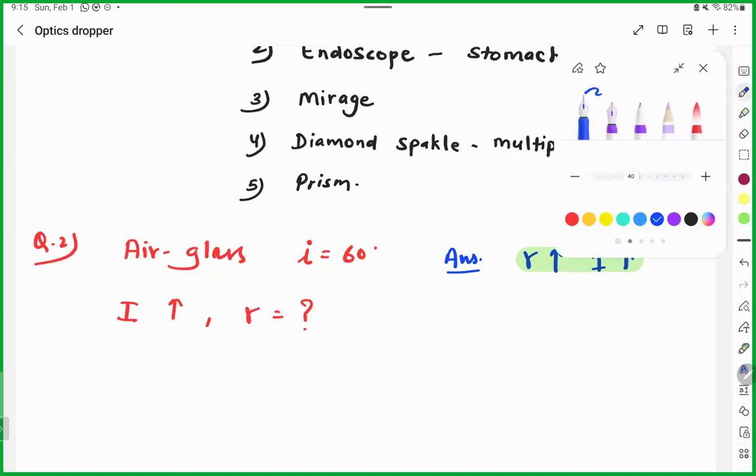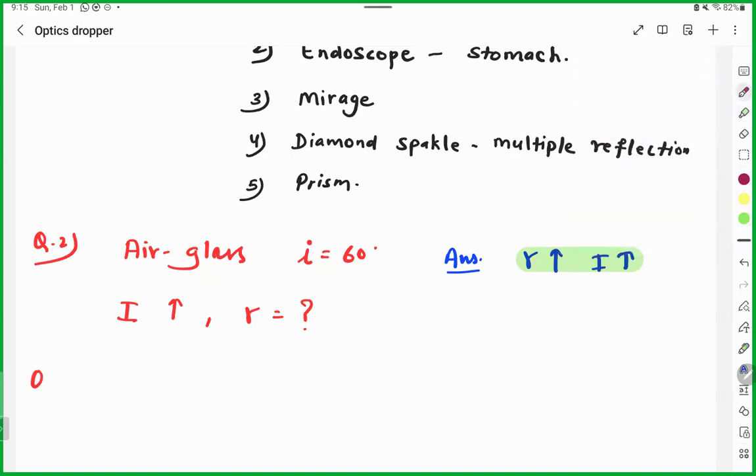If all of you understood this, write one more question. Your refractive index value is root 2. Your angle of incidence is 45 degrees.